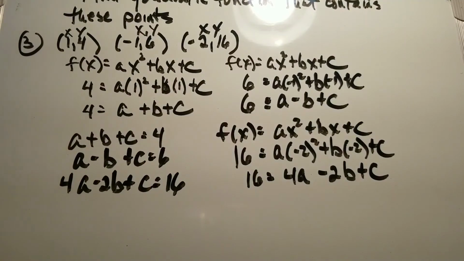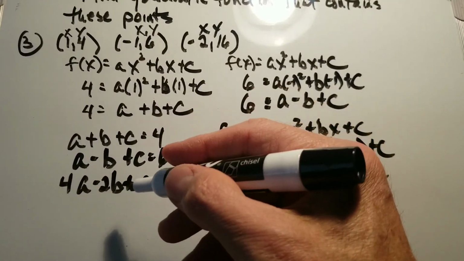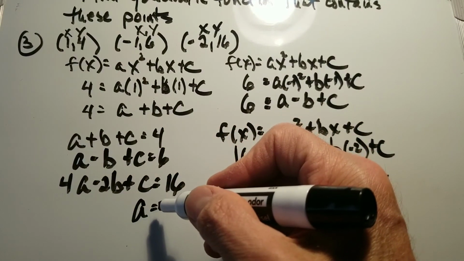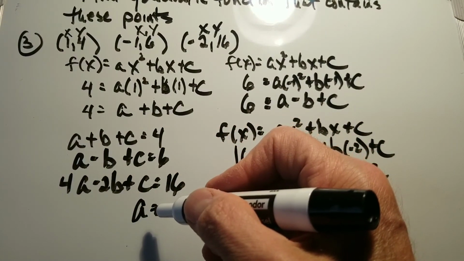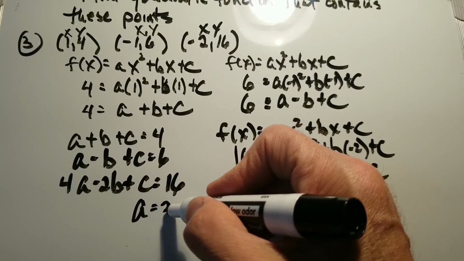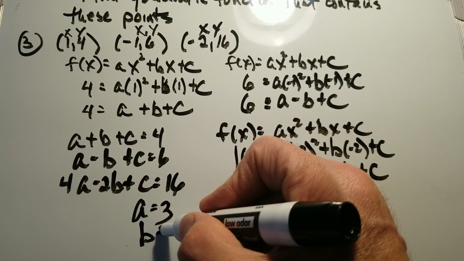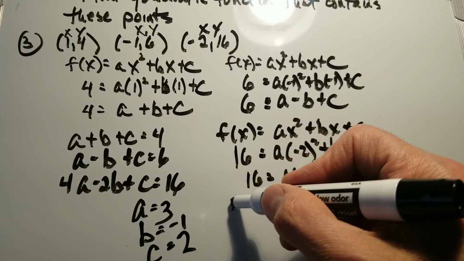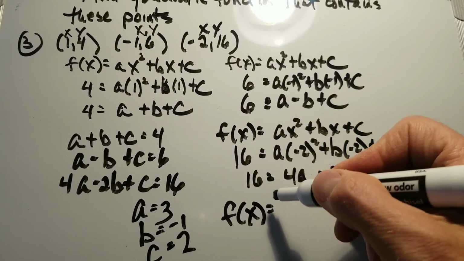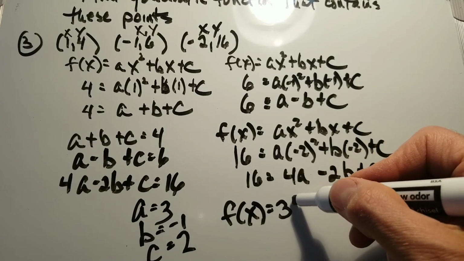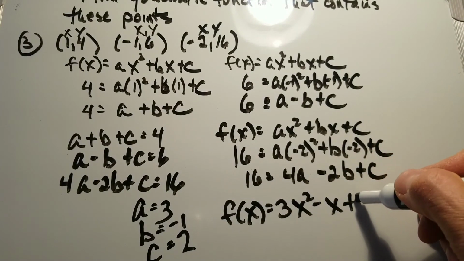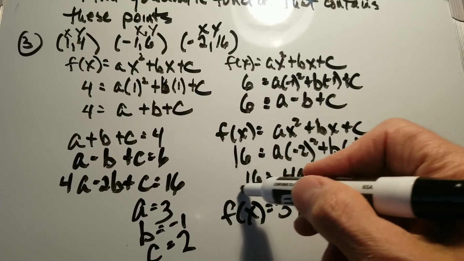Okay, and the final answer, I will tell you, A turns out to be 3. B is negative 1, C is 2. So f of x is equal to 3x squared minus x plus 2.